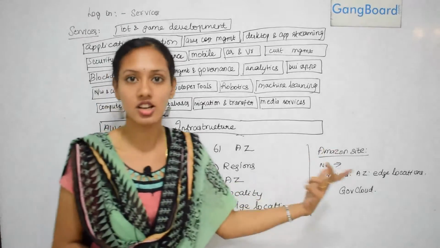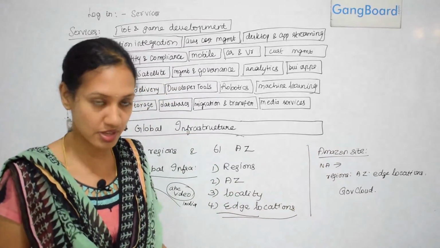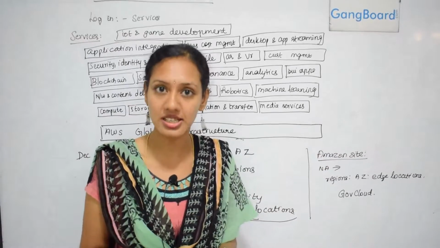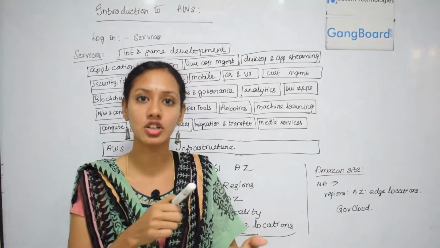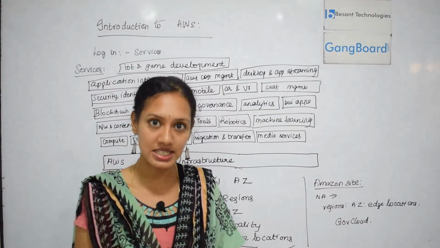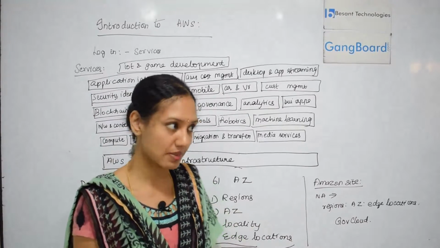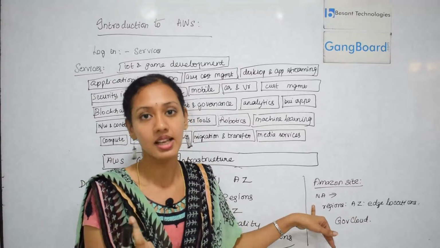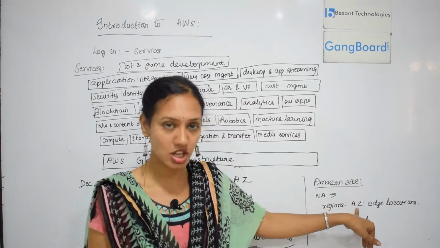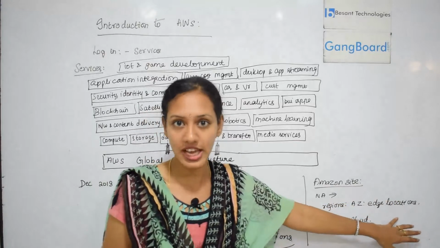When you log on to the AWS site, they show the different continents where they are put up. If you go to the North American continent, they will show all the regions where AWS is put up in North America, the availability zones, and also the edge locations.